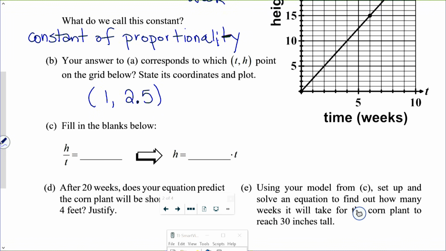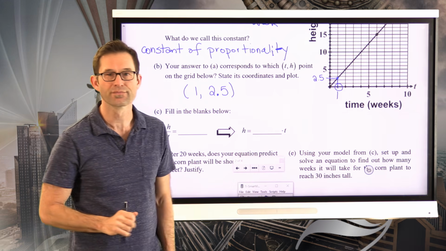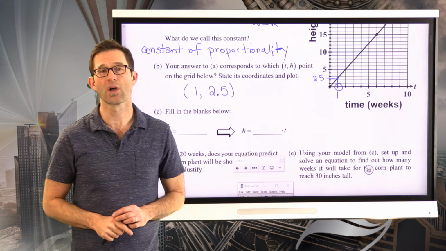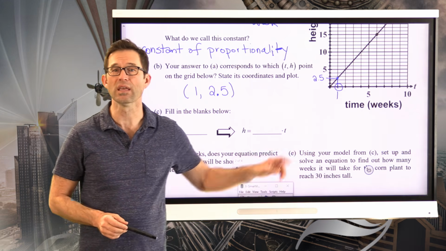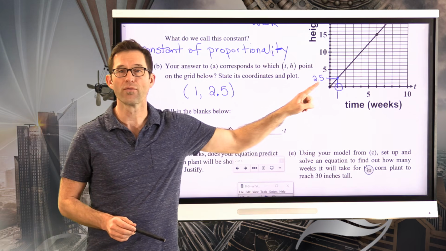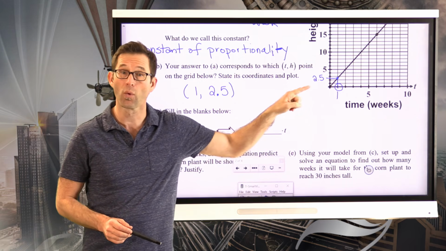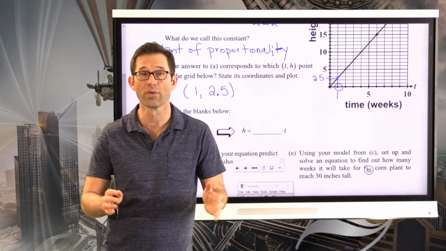And in fact, we can see that. It's kind of good that we have got the graph. Here's 1, and if we go up to the graph and come over, it's pretty obvious that that's 2.5. All right, the unit rate slash constant of proportionality can always be seen at 1 comma whatever the y coordinate is. And that y coordinate then is that constant or the unit rate.